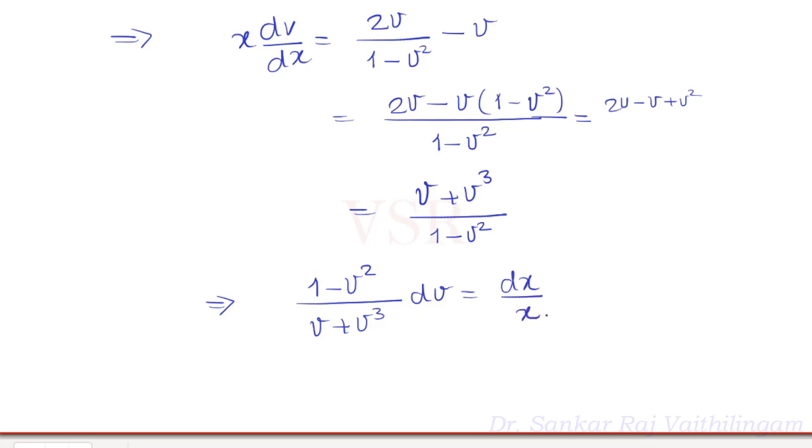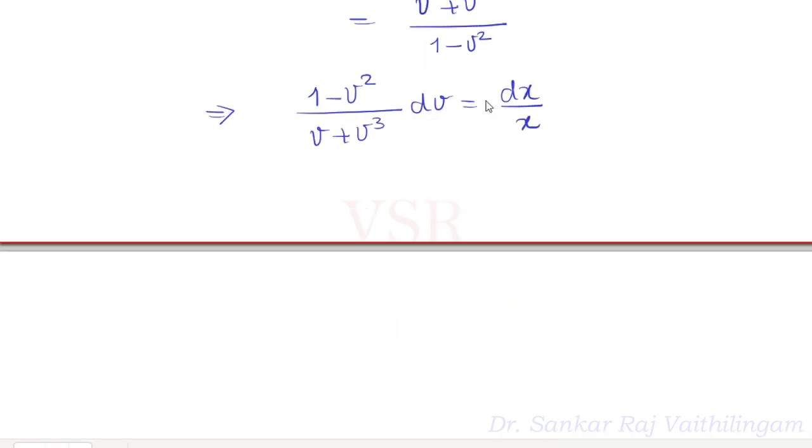Very much. Okay, so now we need to go for a partial fraction. How will I do it? It is very easy, we can see just by looking. This is v into 1 plus v square, correct? I have taken v common from both. So what we can write is 1 by v minus 2v divided by 1 plus v square.